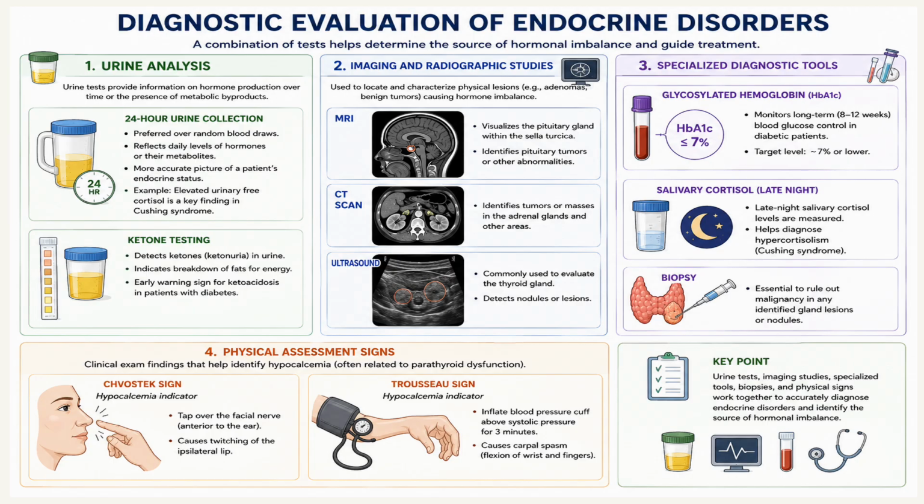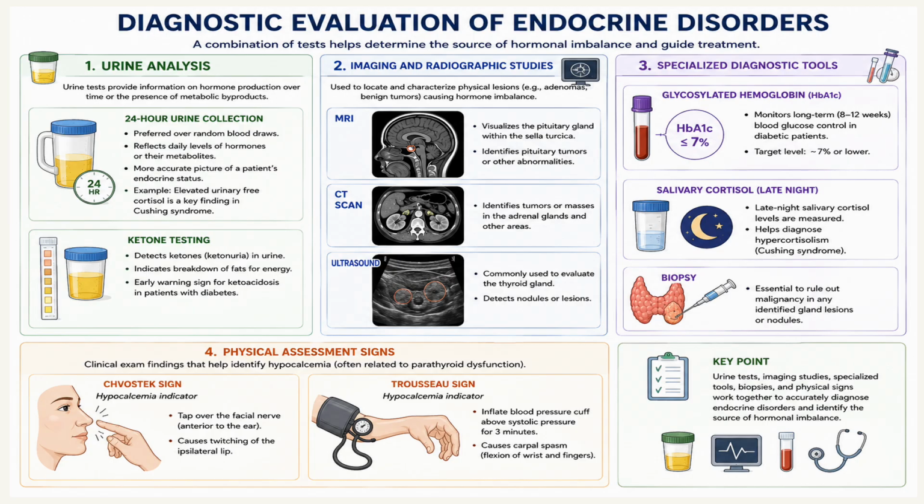This provides a more accurate assessment of endocrine activity and hormone metabolism. For example, elevated urinary free cortisol levels are a key diagnostic finding in Cushing's syndrome, which is characterized by excessive cortisol production. And we're going to cover this in our endocrine disorders lecture.